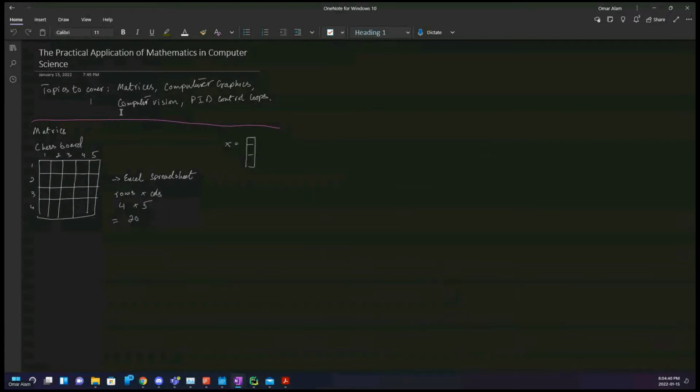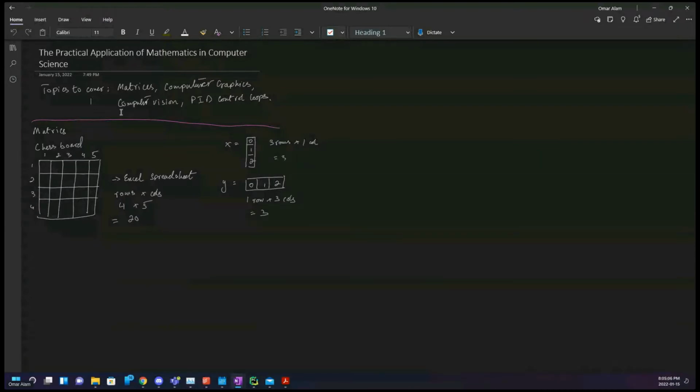This one would be 3 rows times 1 column. And you could also have a row matrix, which just looks like a row essentially. This one has 1 row multiplied by 3 columns. And in both instances, you could store 3 entries.